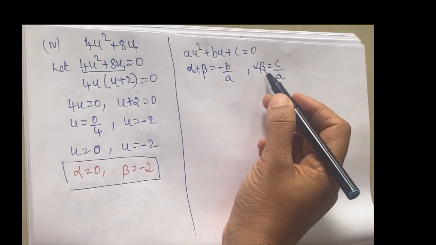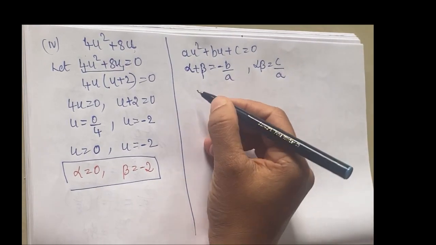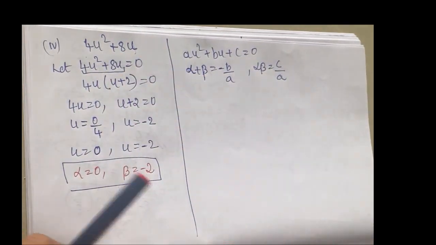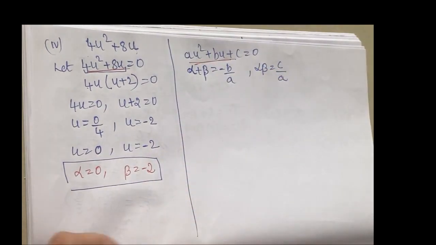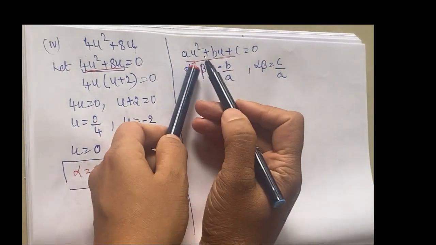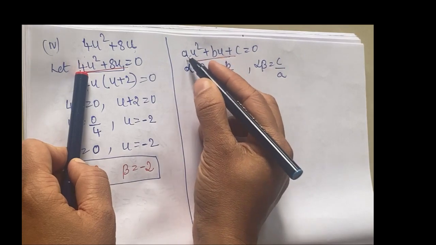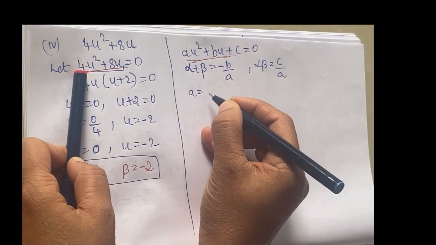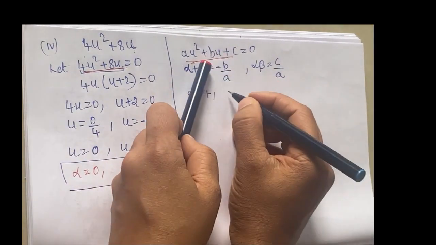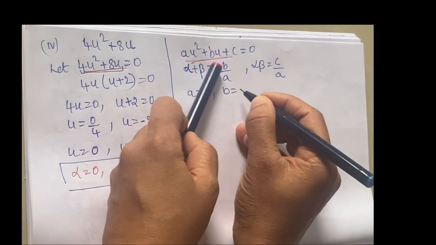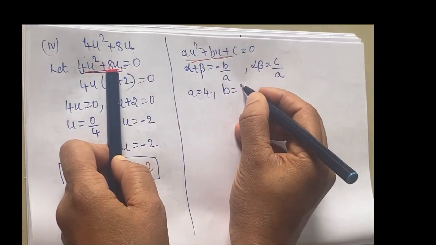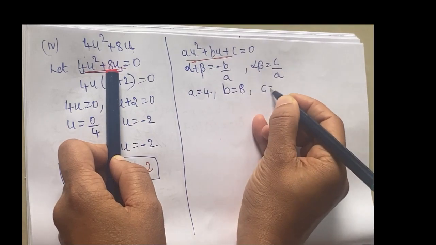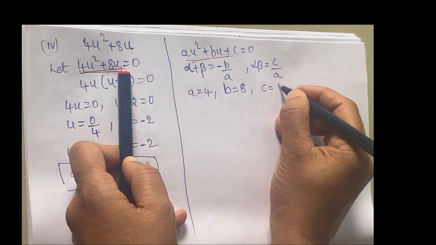This is called alpha, this is called beta. When I compare this with the given polynomial, the u square coefficient a is 4, and the u coefficient b is 8. There is no c here, the constant term is 0.